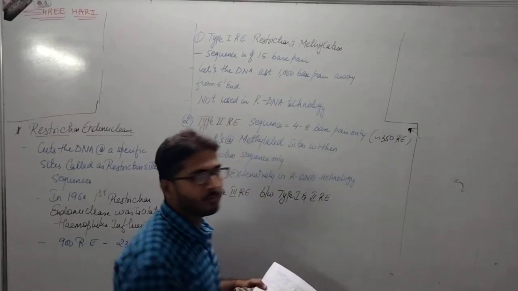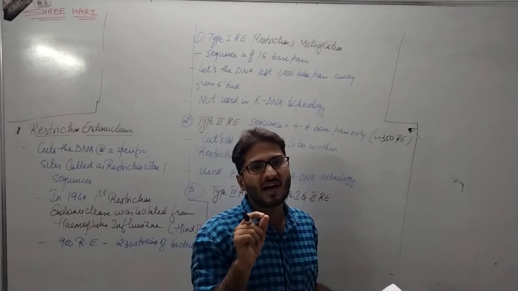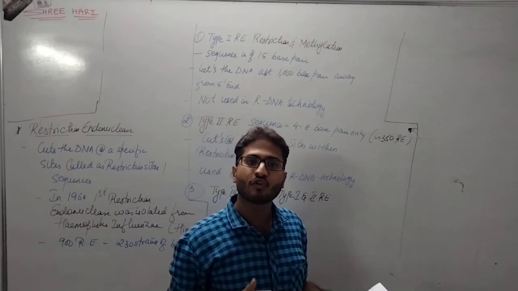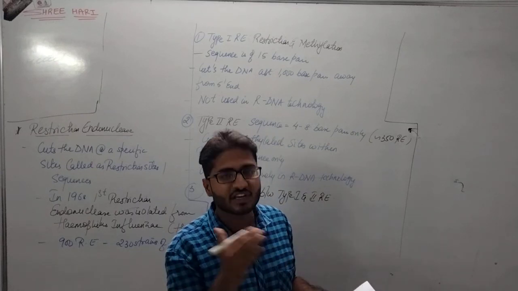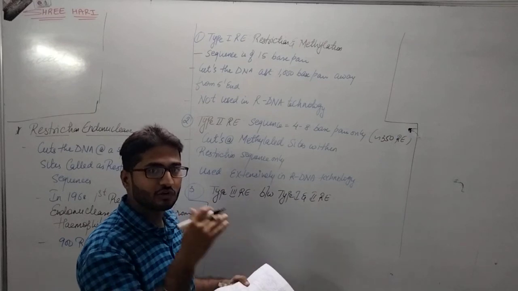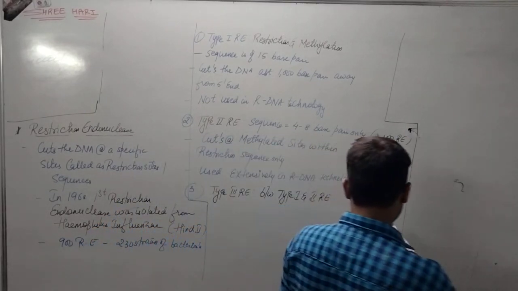If you remember in chapter 1 of 11th biology, binomial nomenclature, the certain norms and rules of nomenclature were given, the generic name, specific epithet, like that. The same kind of rules are given in order to name restriction endonucleases.